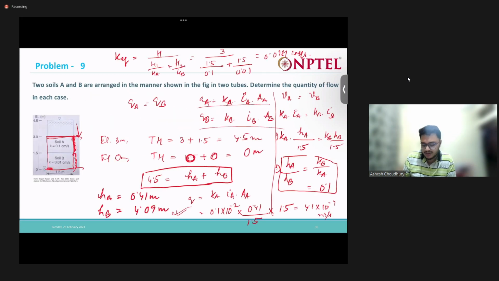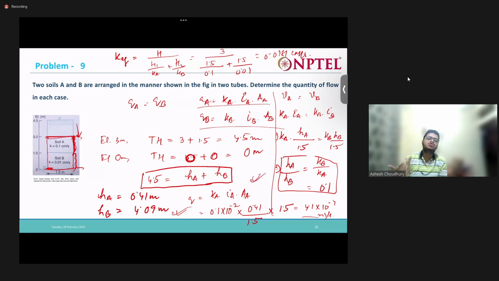But the way you solved the problem earlier is very conceptual, step by step. We saw how much head loss is occurring in one soil, how much head loss is occurring in the other soil. In an exam it can come that please draw the pressure head, elevation head, total head diagrams. At that time we need to solve it like that.